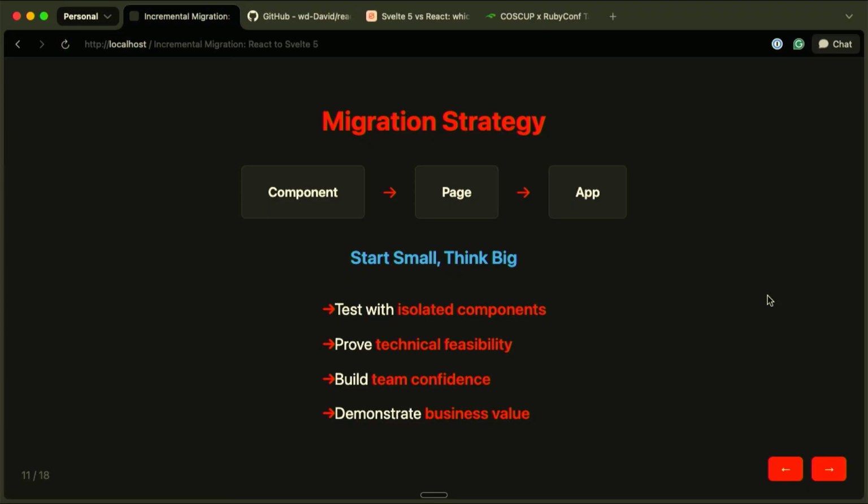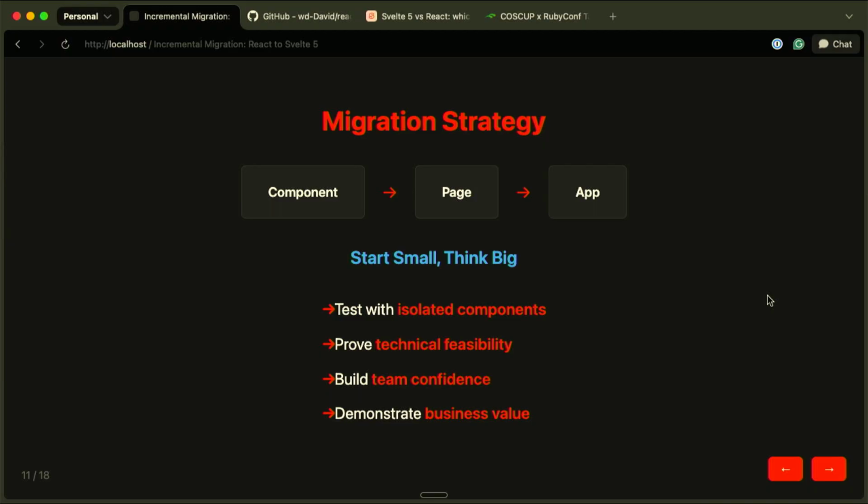Once we get confidence, I just write a Svelte component alongside my React components, and there's no other setup, no microfrontends, no web components, just Svelte inside of a React codebase. Once it's validated, it's easier to move on to the page. Let's rewrite a page.